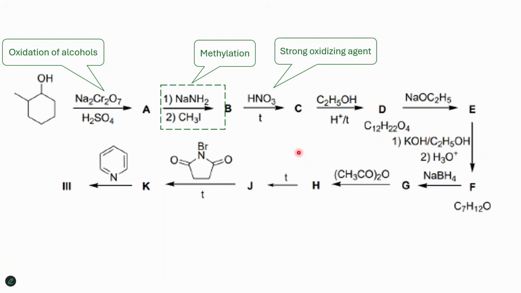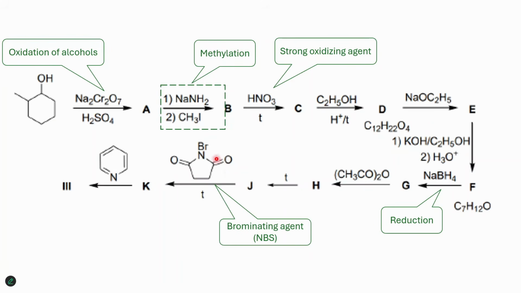This step uses a very strong oxidizing agent, nitric acid. So I am expecting some oxidation here, and I am expecting compound C to have a lot of oxygens connected to carbon. And then I know for sure that this is used in reduction. So I'm expecting some aldehyde or ketone to be reduced to alcohol here. And this is N-bromosuccinimide, mainly used as a brominating agent. And lastly, pyridine, which usually functions as a base.